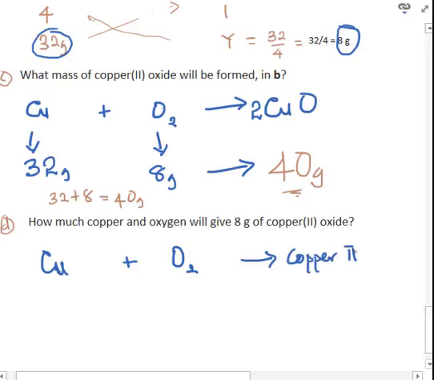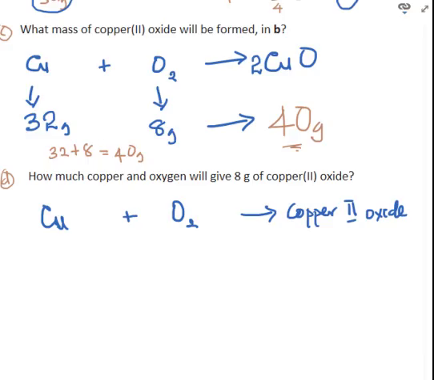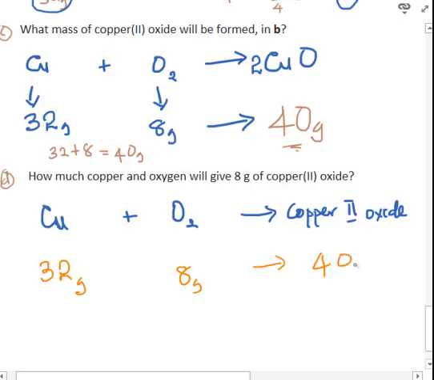I don't want to confuse you with the balancing equation, which is also very simple. So here this one will be 32 grams plus 8 grams give us 40 grams.